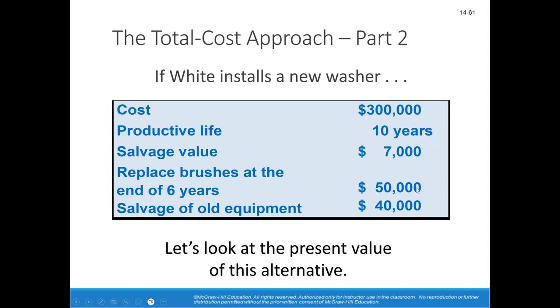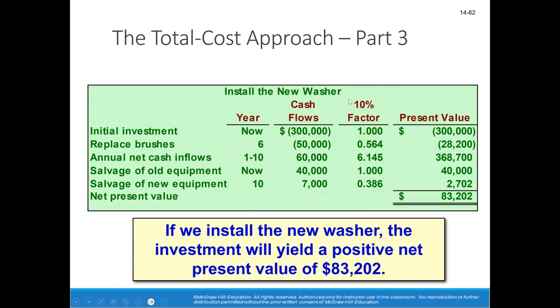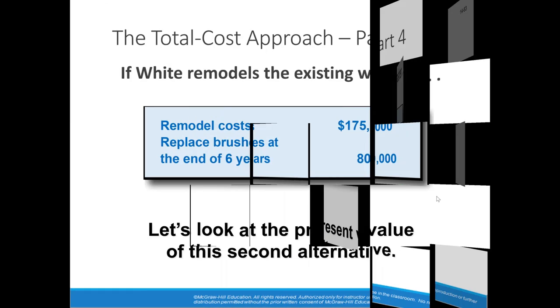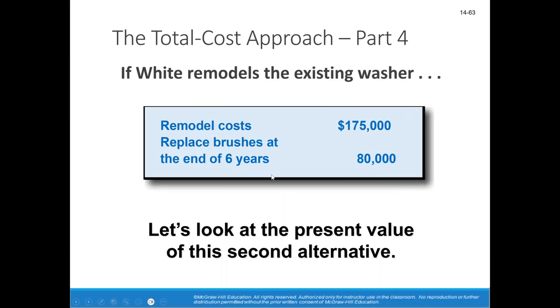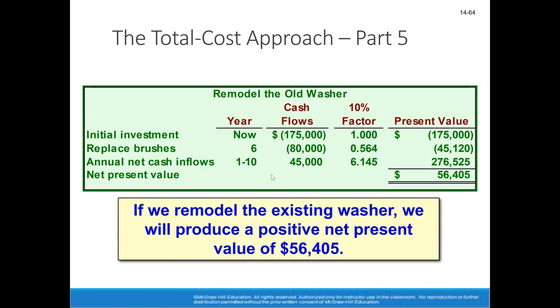Replace brushes at 50,000, so we're going to discount that over 6 years. Salvage of equipment, we're going to discount that over 10 years. And so install the new washer, we get a net present value of 83,202. And if we just remodel the old washer, we get a net present value of 56,405.